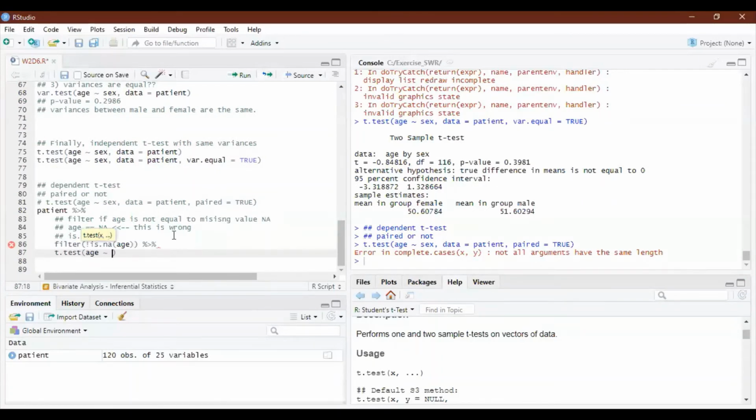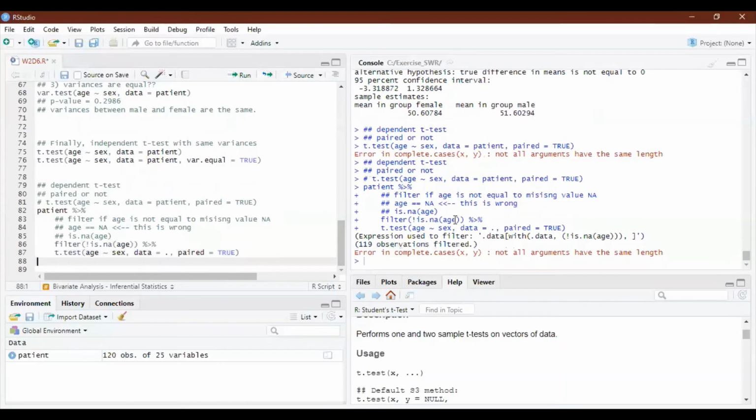And then the same line. But the data should be a dot because we use the piping function. So the data now should become a dot, and paired should be true because this is the paired t-test. Wait a minute. Complete.cases: no arguments have the same name.